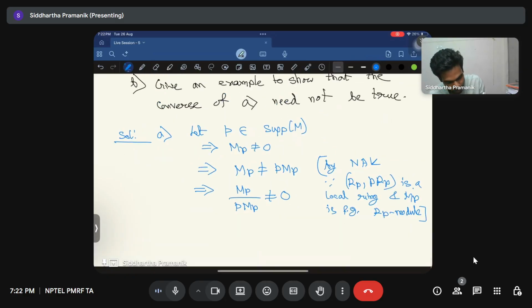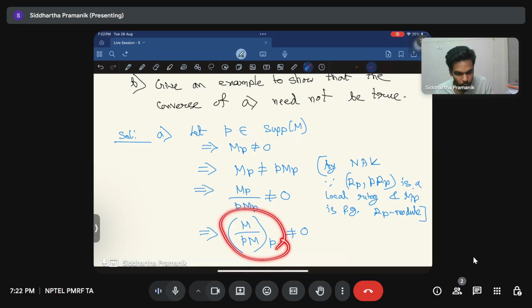But what about M mod PM? We know that localization commutes with short exact sequences. So this is basically M mod PM localized at P, and this is non-zero. But the localization of a module is non-zero means the module itself has to be non-zero.